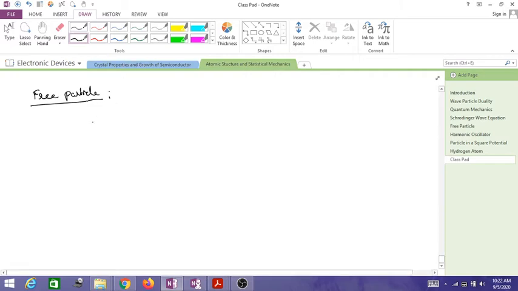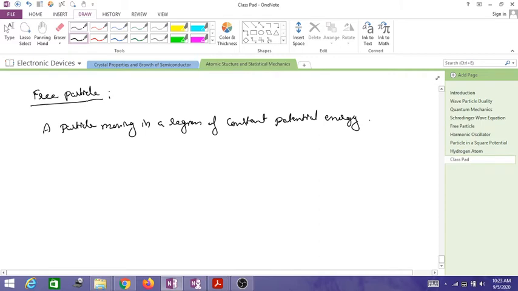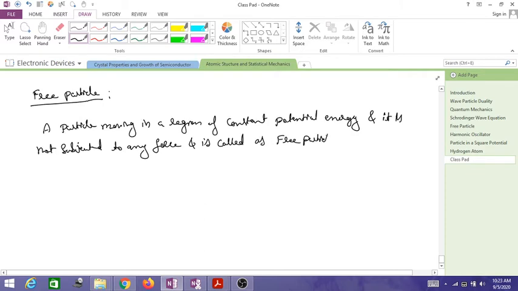The formal definition is: it is a particle moving in a region of constant potential energy and it is not subjected to any force, and it is called a free particle.